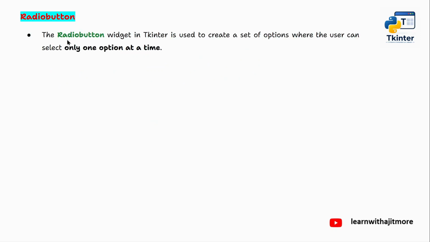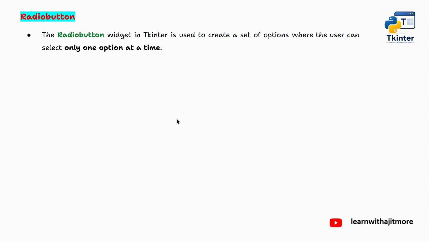See, the radio button widget in Tkinter is used to create a set of options where the user can select only one option at a time, which I told you. It gives you a list of options, but from that list the user is allowed to pick only one. Getting?